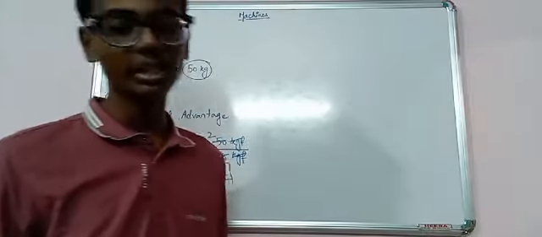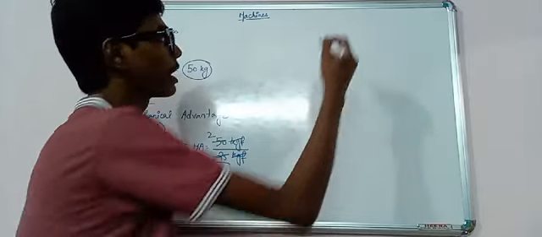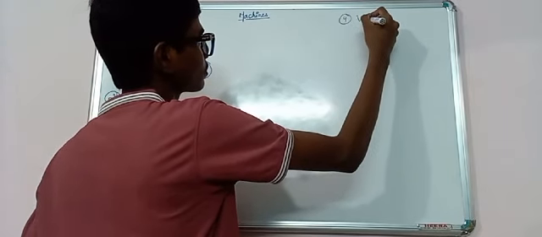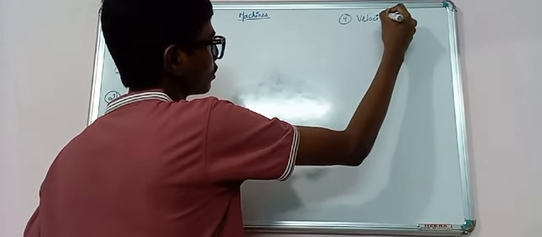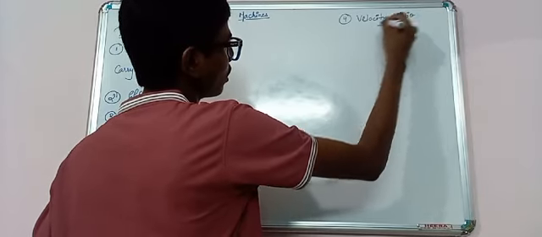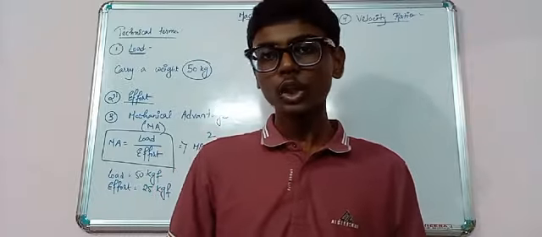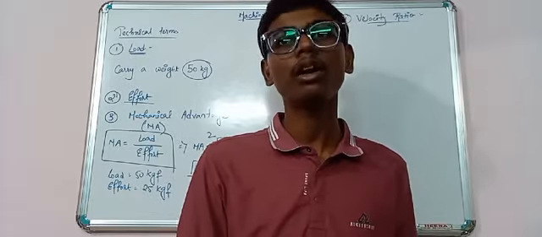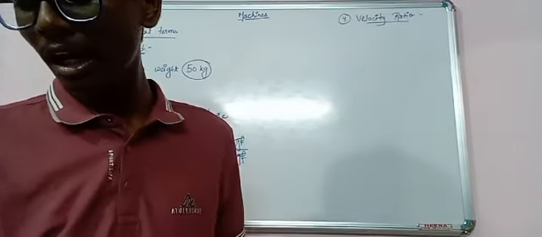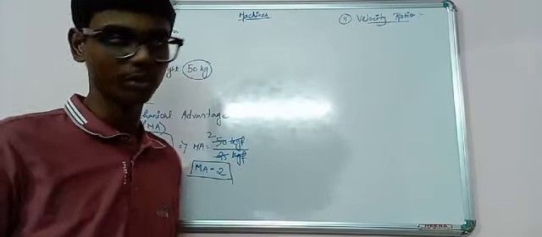Next, we have velocity ratio, a very important thing that you will have to know. What is the velocity ratio? The basic formula of velocity ratio is already written. It is velocity of effort by velocity of load.